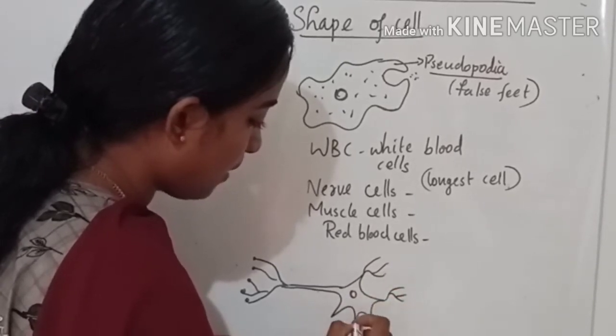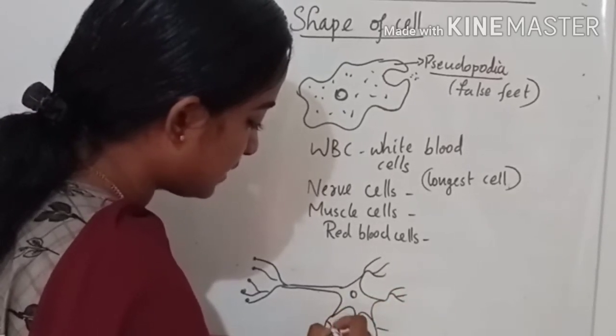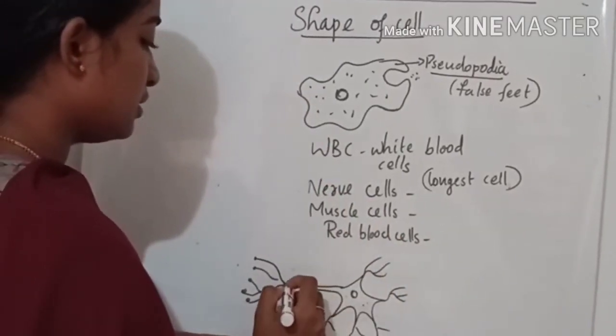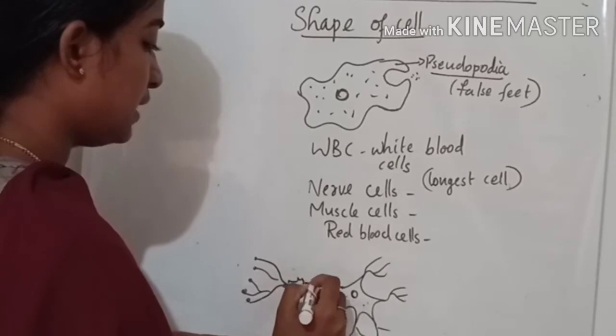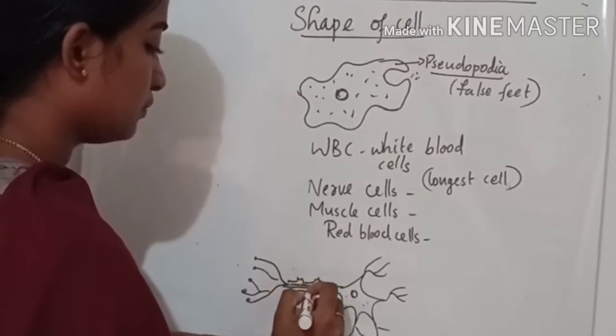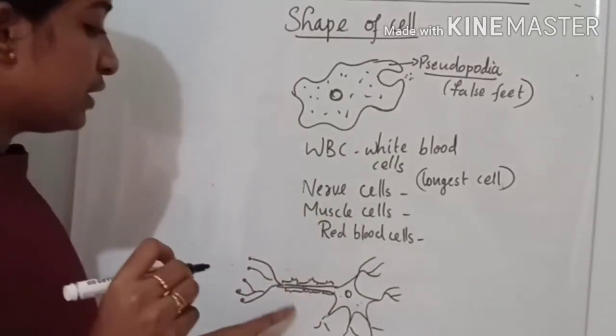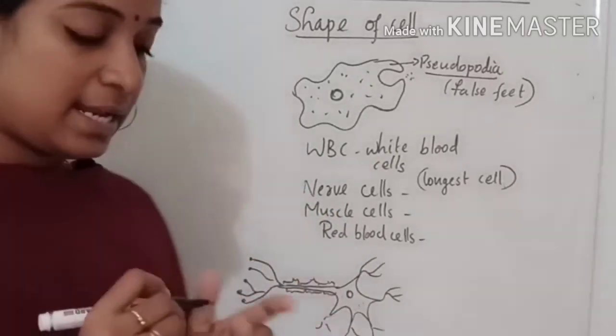They are very long and branched structures. So this is the structure of the nerve cell. Okay, so they are long and branched.